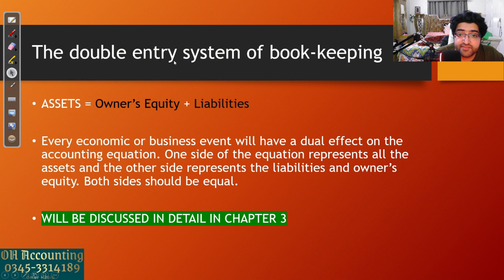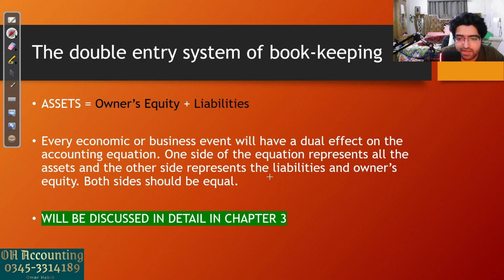The double entry system of bookkeeping. Okay. In simple words, when any business event takes place, it will have a dual effect on the accounting equation. Okay, a dual effect. I will tell you that in detail. One side of the equation represents all the assets and the other side represents the liabilities and owner's equity.